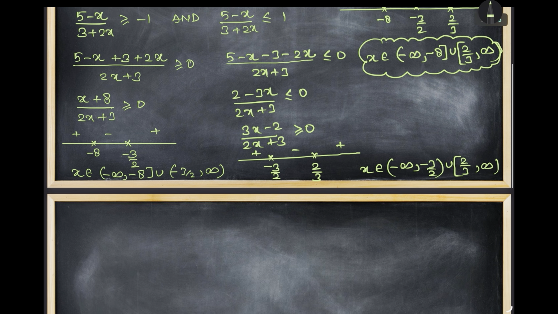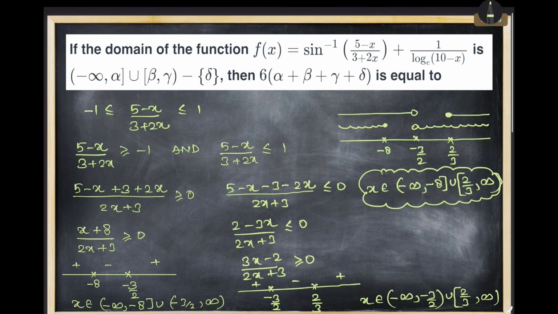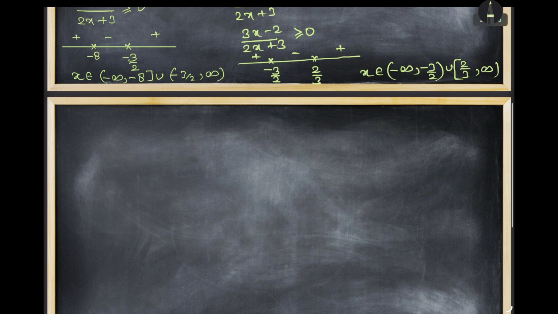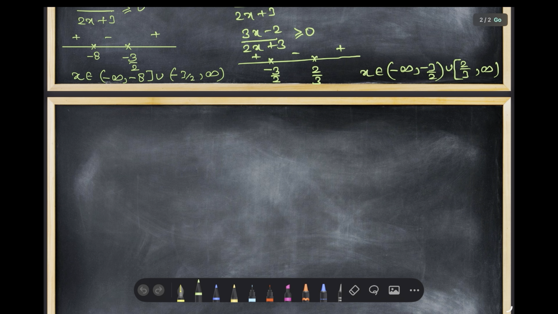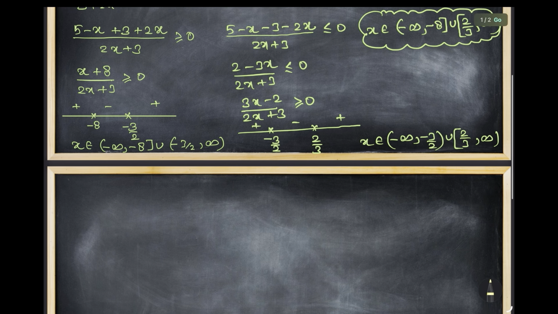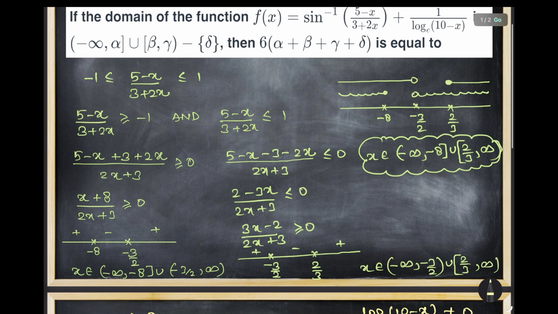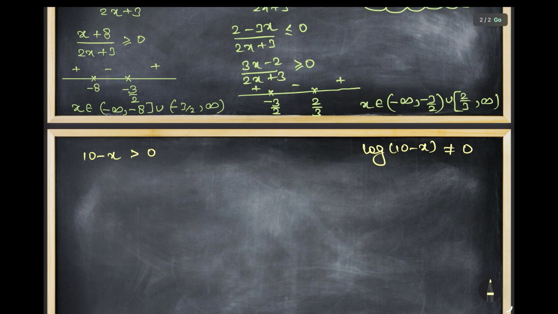Now we will simplify the other function. In it you have log. You know that the argument of log should be positive, so 10 minus x has to be positive. Also, log of the argument 10 minus x cannot be equal to 0, since you cannot afford to have 0 in the denominator. These two things you have to take care of. So x should be smaller than 10.